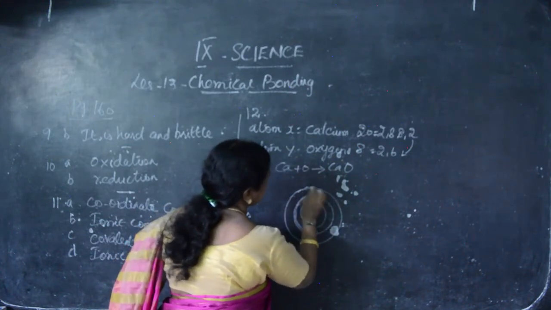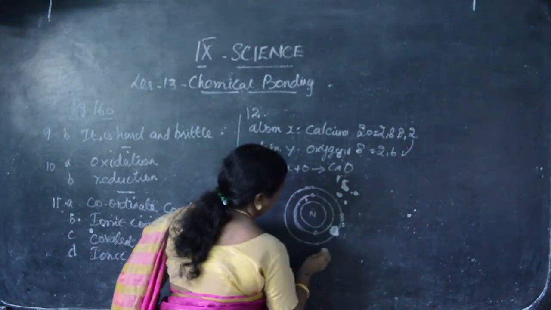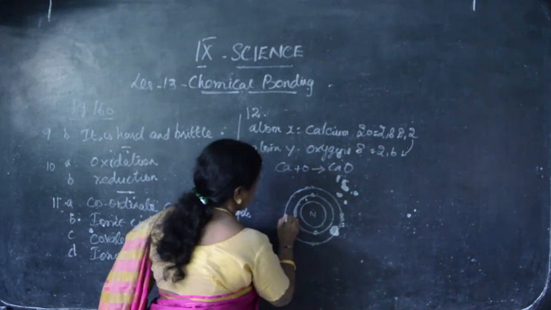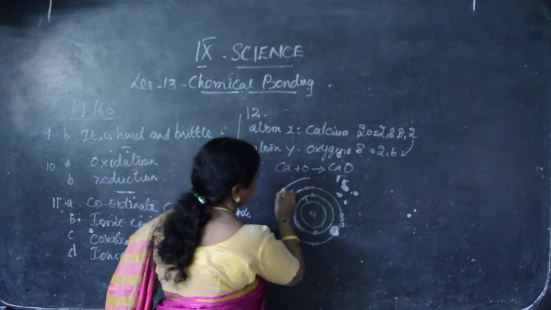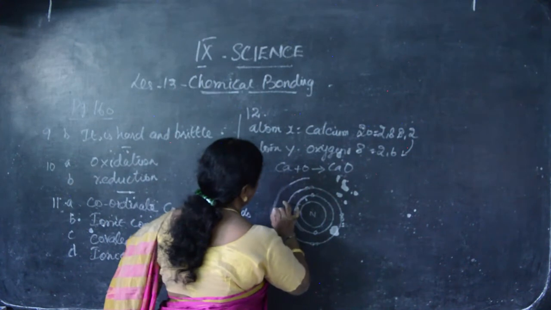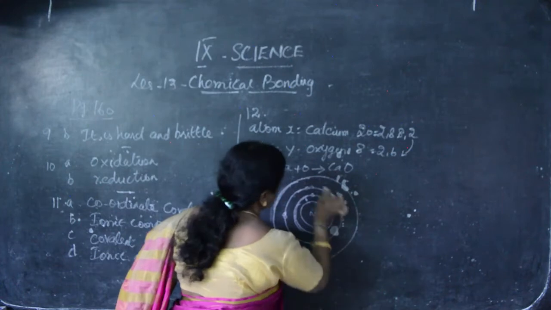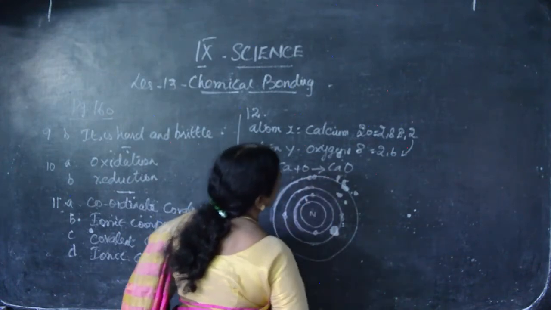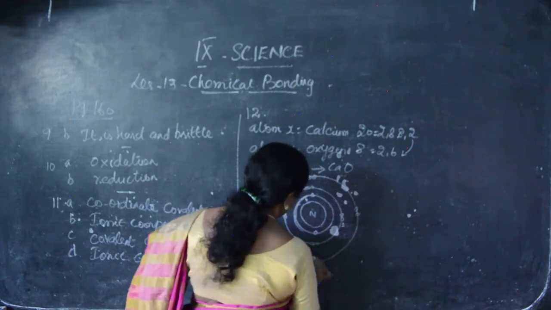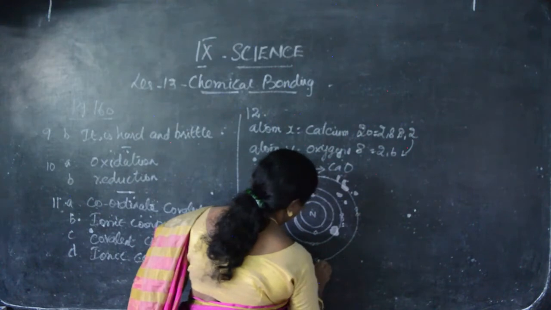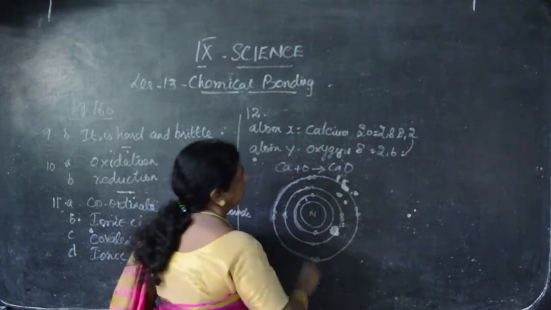Second orbit, 8, 2, 4, 6, 8. The third orbit, 2, 4, 6, 8. 2, 8, 8.